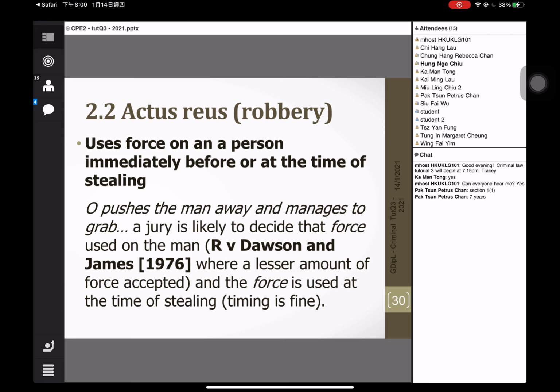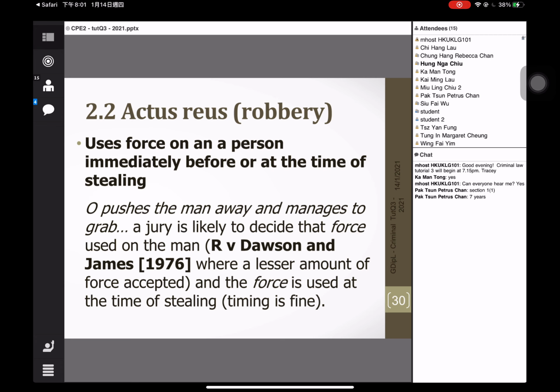Okay, so as part of the actus reus, we've already determined that we should have had the elements of theft. That was part of the robbery actus reus. Then we have to focus on the aggravating feature of robbery, the use of force, or putting or seeking to put someone in fear of then and there being subject to force.